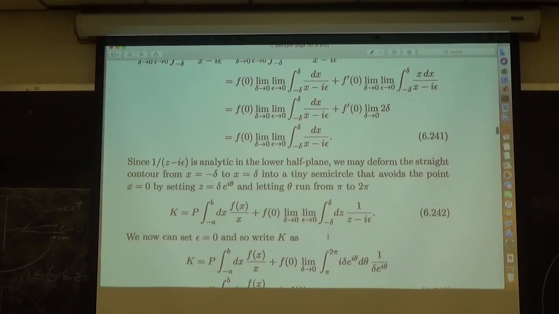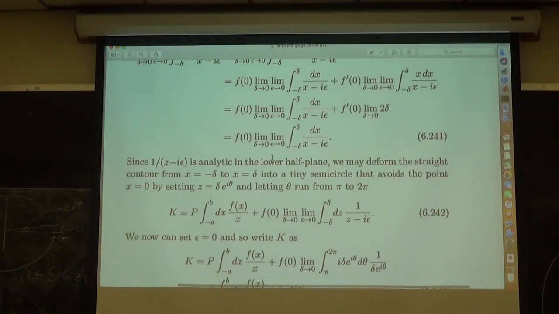Well, this 1 over z minus i epsilon obviously is analytic in the lower half plane, so we can deform the straight contour from x equal to minus delta to x equal to plus delta into a tiny semicircle that avoids the point x equals 0.